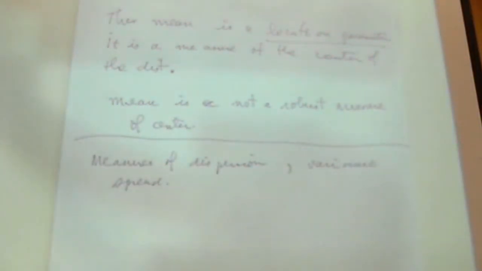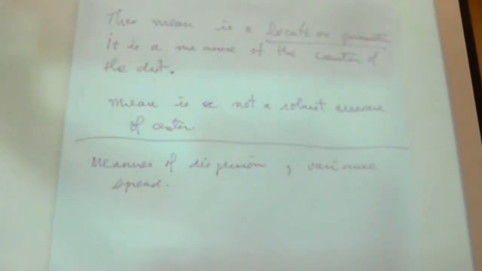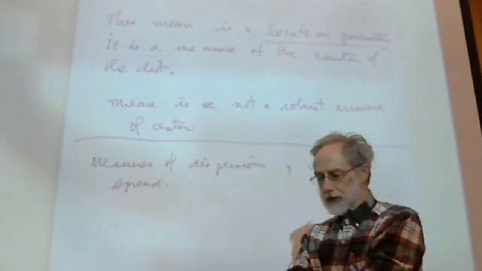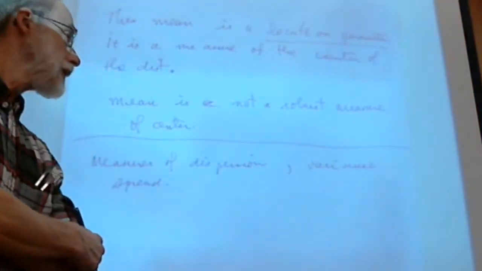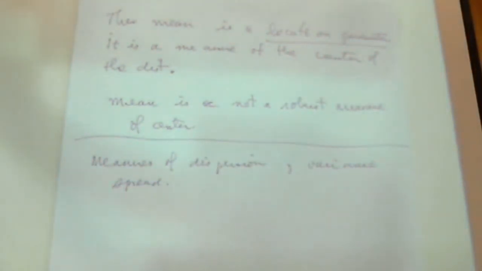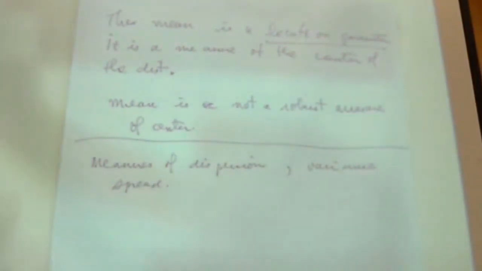So maybe you get an idea of what the mean means. And that's true with the second one too. The only one we'll look at the moment is the variance. The variance is how the distribution varies about the mean. So already you know it's not going to be robust.